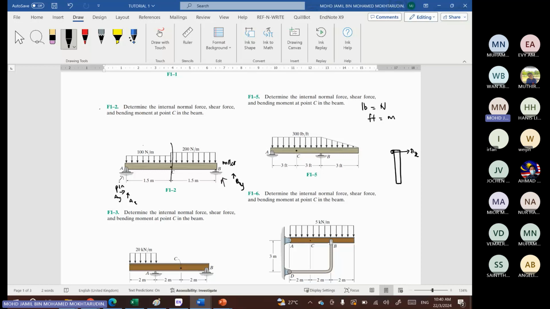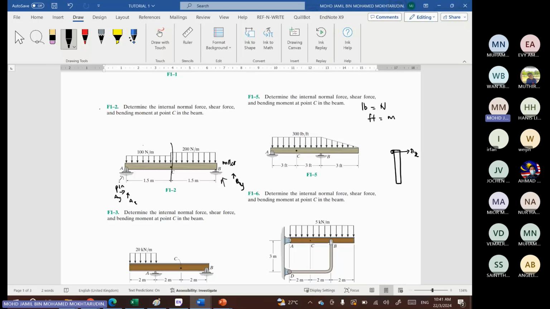Okay, I will give in SI unit lah. Okay, so here we have distributed load. So this is a square load, and then we have a rectangular load. So honestly I tak tahu nak buat, tapi kita cubalah.